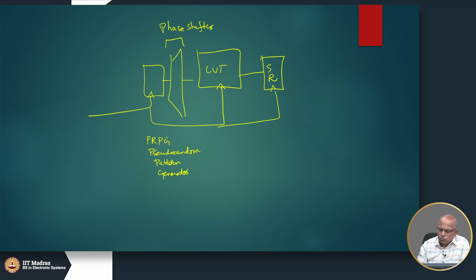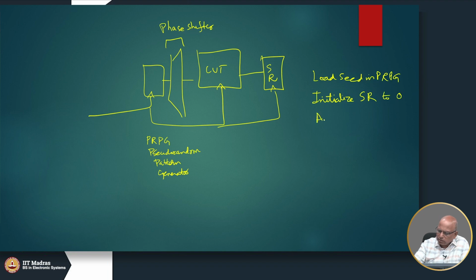So, what we have illustrated in the previous example is a single input signature register. The testing is performed as follows: load the seed in the PRPG, and initialize this output signature register to all zeros.